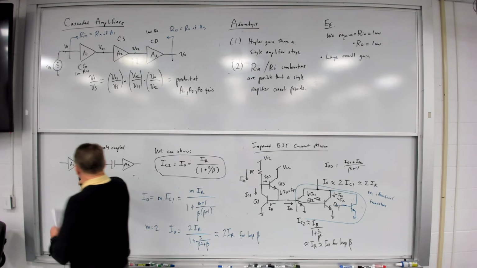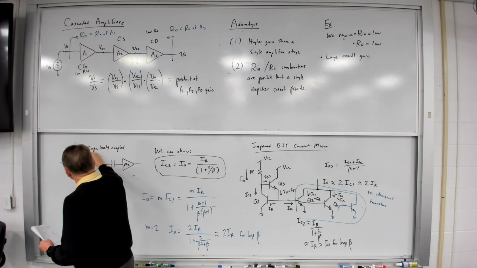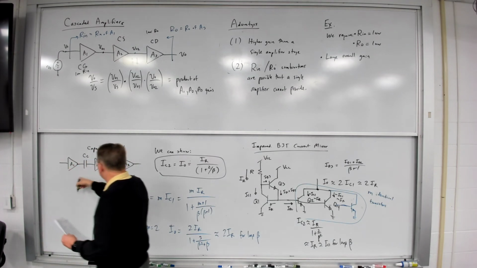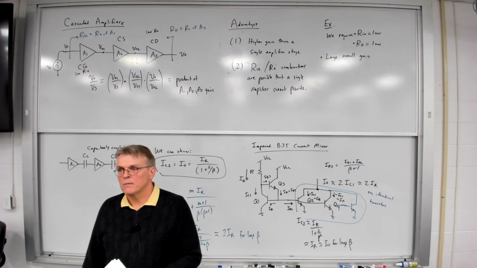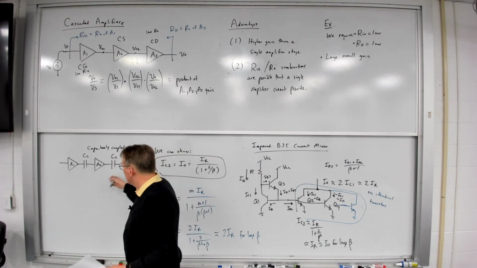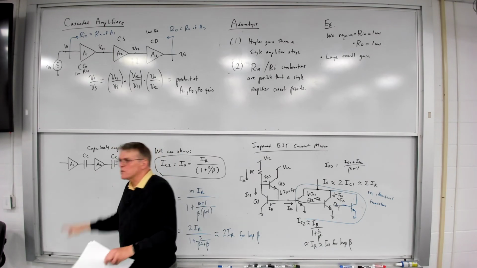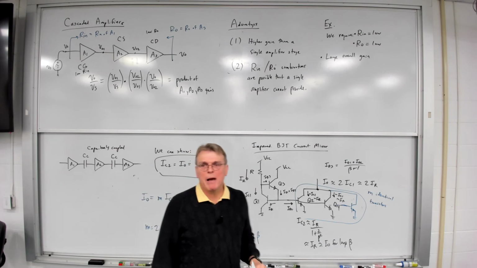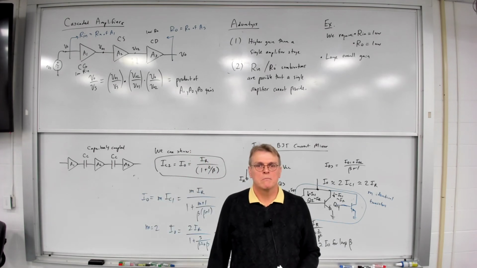So I can capacitively couple these and put a large capacitor between these to connect those stages together. And what's the advantage of this? Well, we already know that. The capacitors enable us to separate the DC biasing from the AC performance.